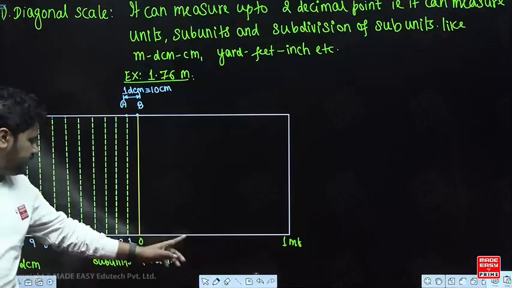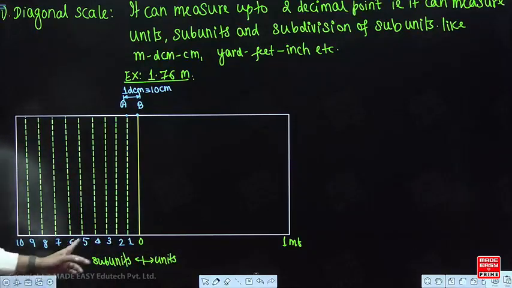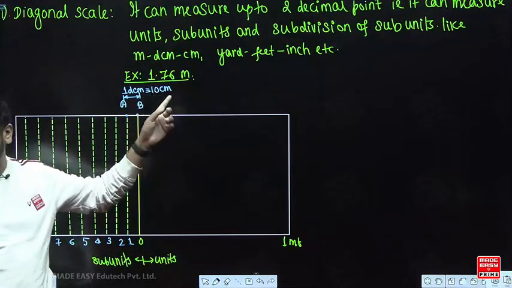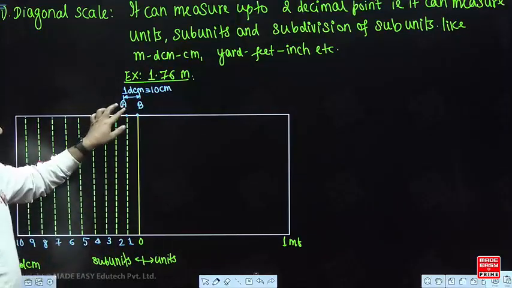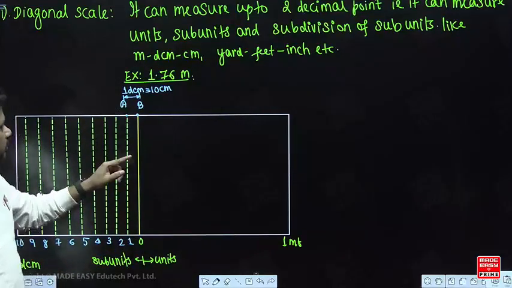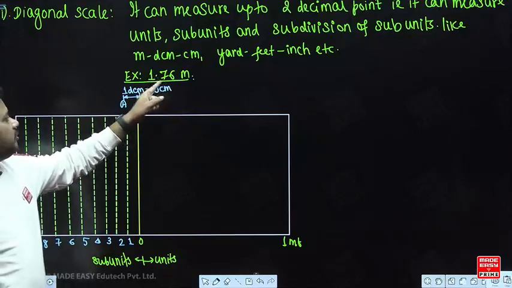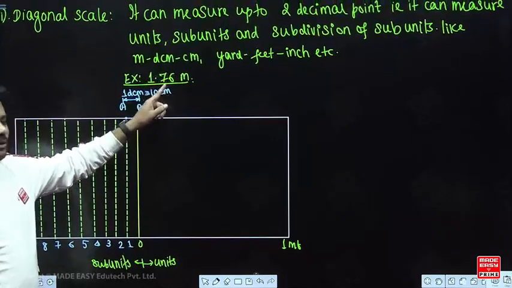So I have converted meter and decimeter. Now I want centimeter because we have to measure 1.76 meter. So this is meter, this is decimeter, and we want to find one more unit, that should be a centimeter, then only you will get the 1.76 meter, right?